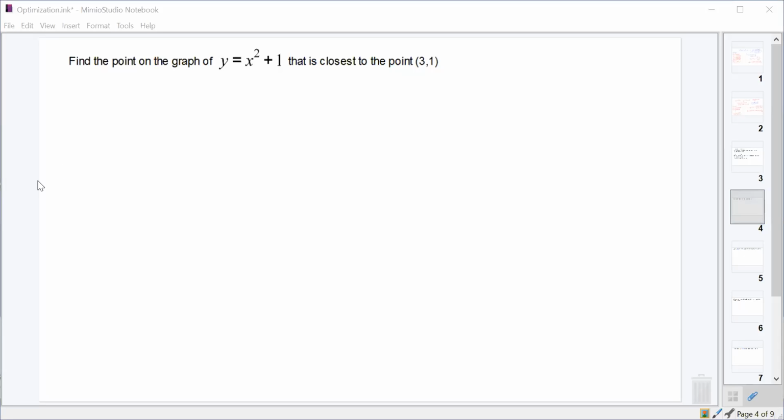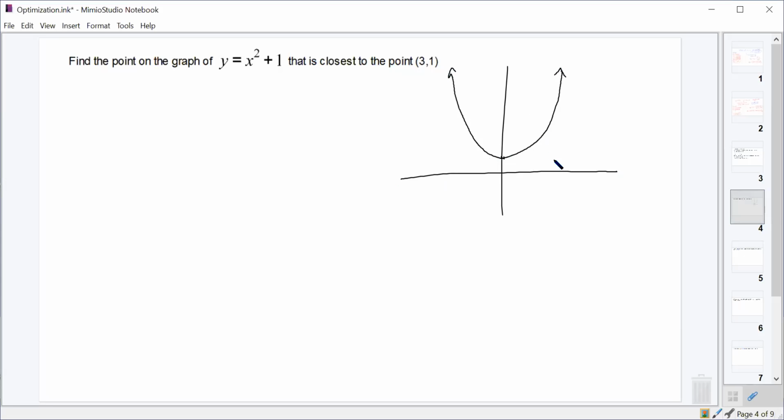Do you understand what it's asking, or do you need to reread it 7 times? It's kind of self-explanatory. Yeah, like which point is the closest distance to point 3, 1, even though 3, 1 isn't a point on there.